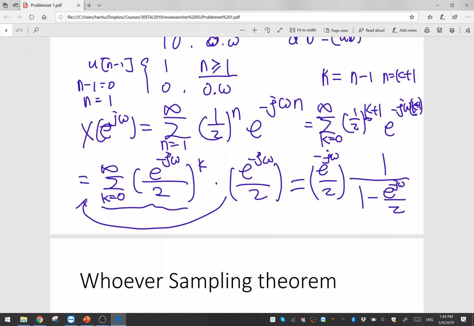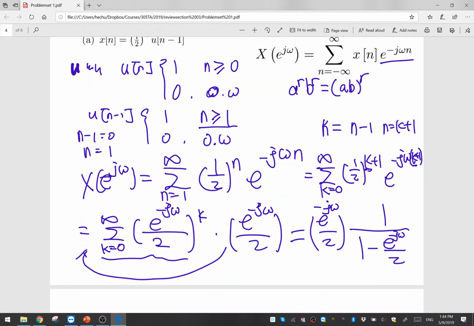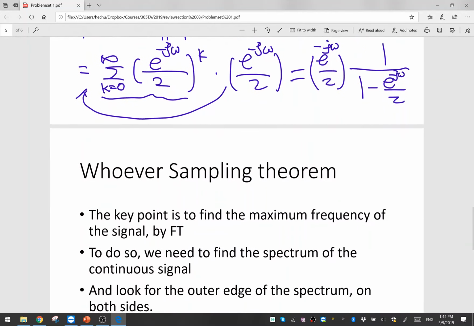Because this sum is from 1 to infinity, can I do from 0 to infinity and subtract the n equals 0 term? You can do that, and it's still a valid answer, but it will make your answer longer because you have two terms. If you do a simplification, they will be the same, but this will give you a more concise answer.